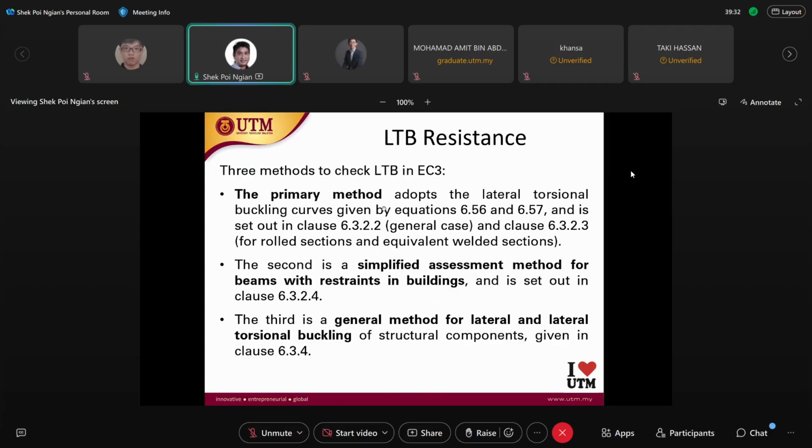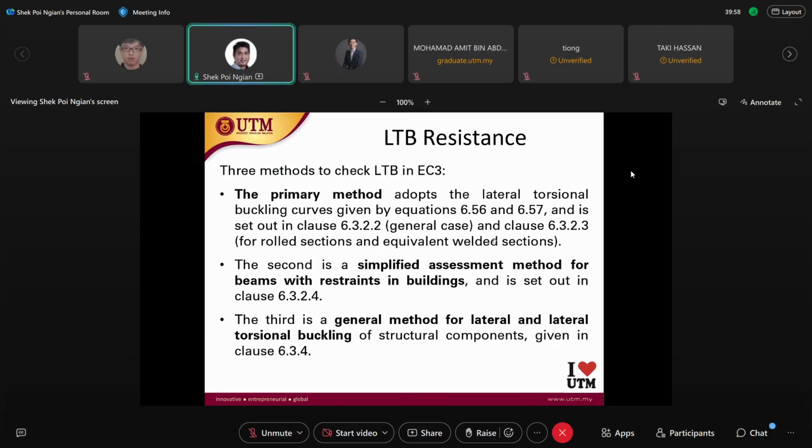So what we are going to use is the primary method. The other two we don't recommend, and we don't teach you how to use them. We will use only the primary method. Under the primary method, we have the general case and the rolled section or equivalent method.